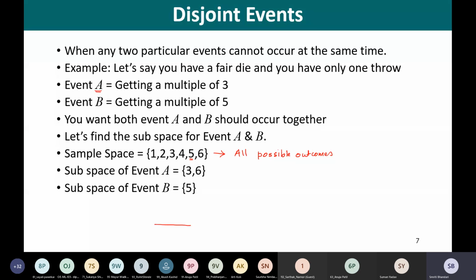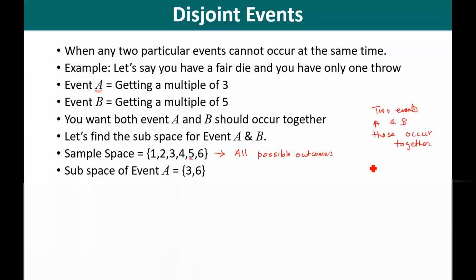So I think you are talking about disjoint events. See here, what are disjoint events? We are talking about two events, A and B, that occur together.